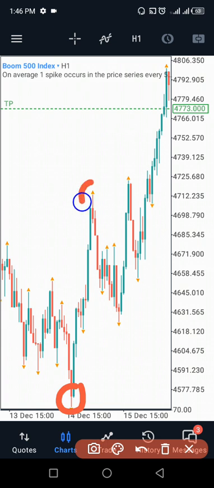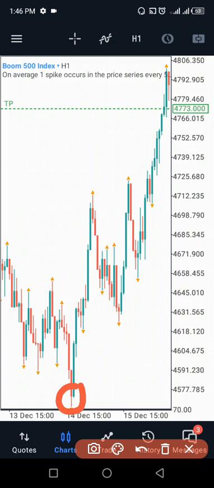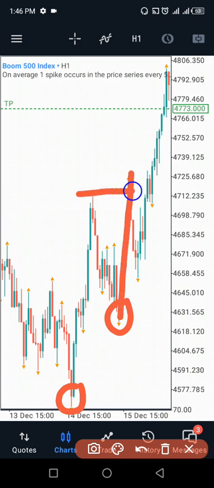And then from this top here, you will notice that market retraces back. Now nobody would have known that this move here would have occurred to the upward, and that is why you have to wait for that second move. Then you will notice that there was a move at this point, and then market moved upward and took out this high.